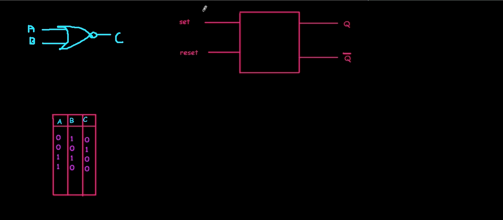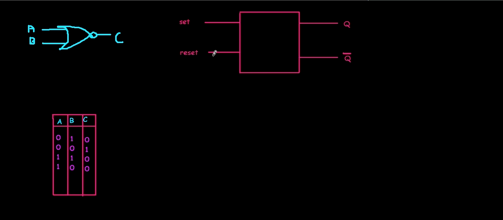And I hope you know what 1 and 0 mean. When you want to give an input 1, you connect this line to high voltage. So 1 means high voltage, possibly plus 5 volts, and 0 means 0 voltage, grounded. So when I say press set, it means give 1 as an input to the set pin, which also means connect the set pin to plus 5 volts.